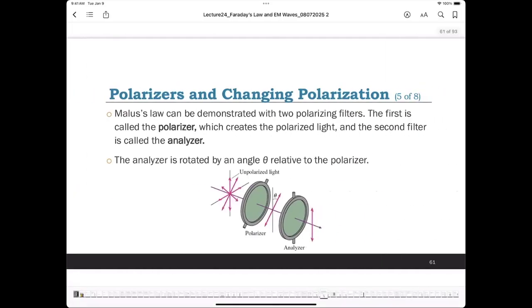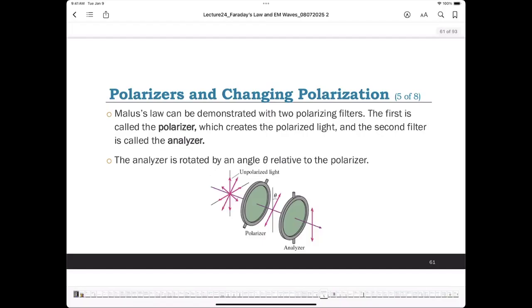Malus's law can be demonstrated with two polarizing filters. The first is called the polarizer, which creates the polarized light, and the second filter is called the analyzer.